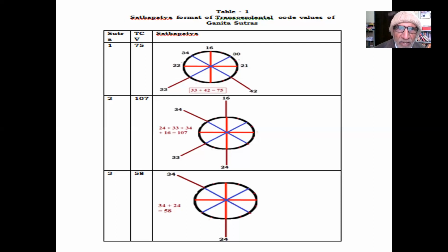This will, at the next phase and stage of Ganita Sutra 2, of Transcendental Code Value 107, take us to one of the hemispheres, and this hemisphere is having a partition line, north-south line, and the motion for Ishan cone and Nairitya cone, northeast and west-south directional flow will take to the position of Ishan cone and Vayava cone.